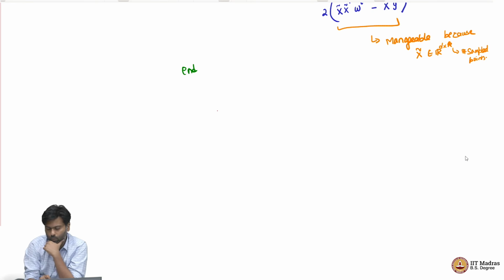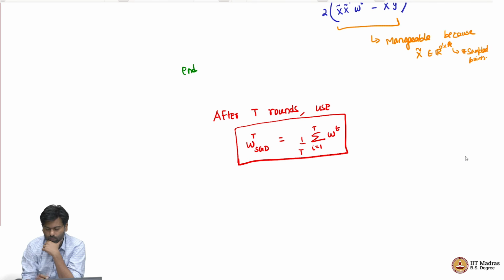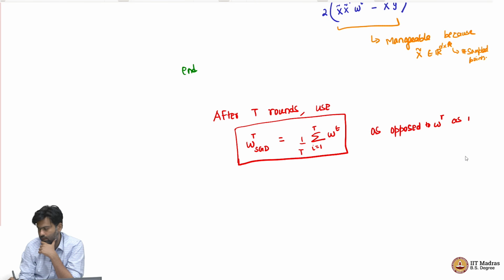So, instead what you do is, after T rounds, you typically use as the output of the stochastic gradient descent algorithm just the average of all the W's that you have seen so far, as opposed to the standard W capital T that you would have used in standard gradient descent.